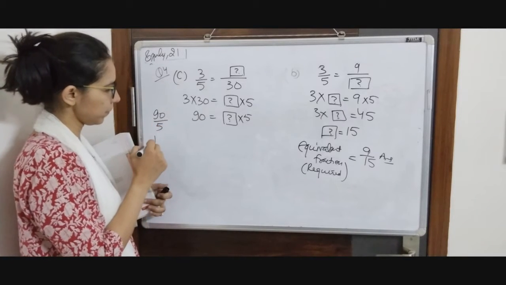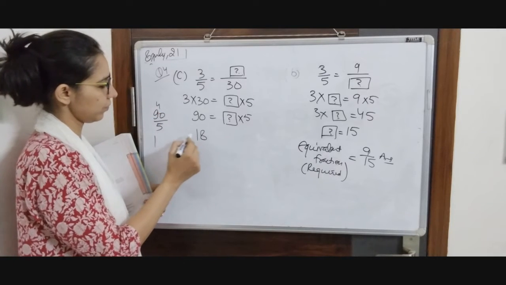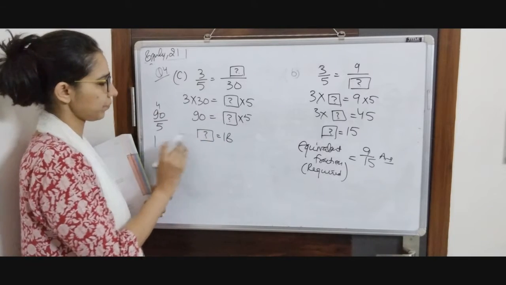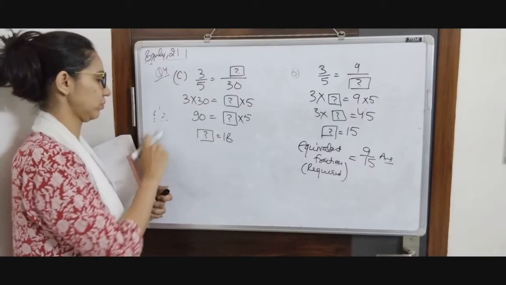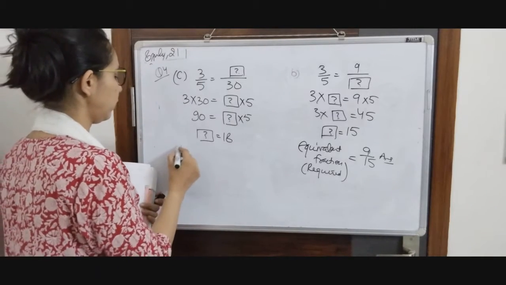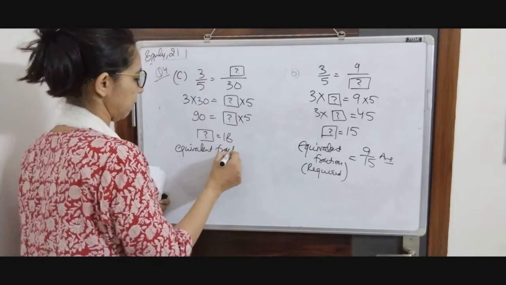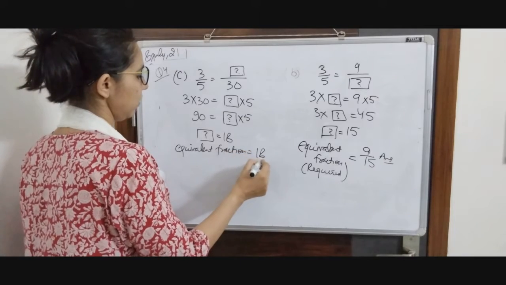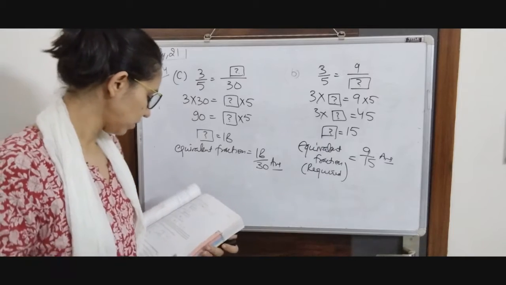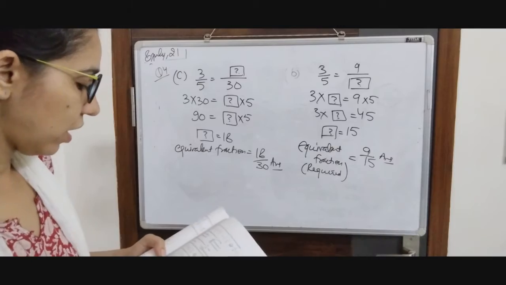It is going to be 18. Okay, so this number is going to be 18. So your equivalent fraction is going to be 18 by 30. This is going to be our answer. We have D part also. D part you have to do by yourself.